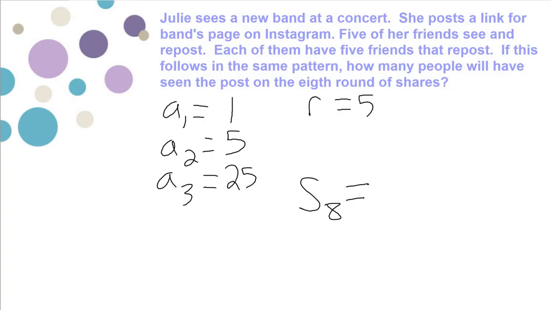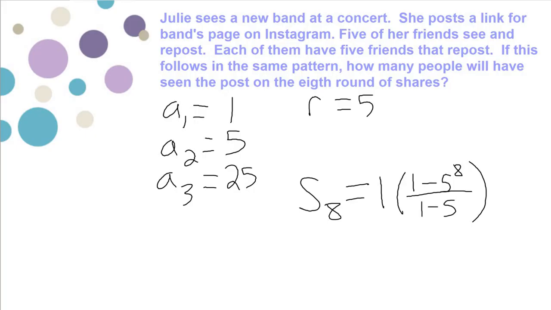So again, we're just using our formula. What's our a sub 1? 1. And I have 1 minus, what did we say our r was? 5 to the 8th power.